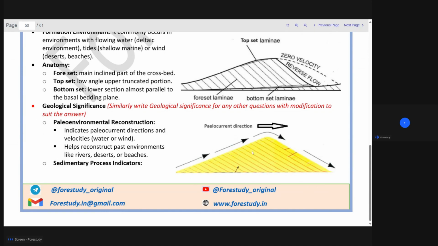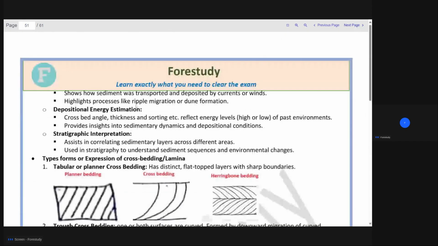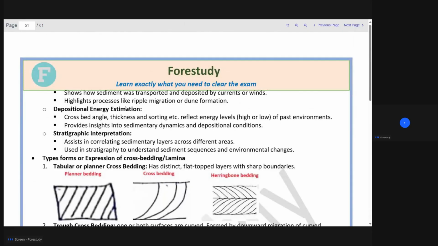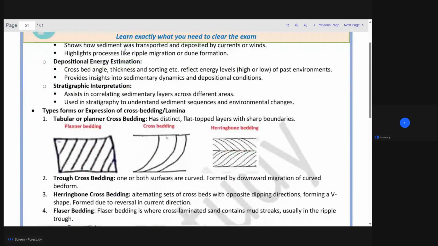Since this is the foreset, we get the idea from the foreset lamina. The direction in which the foreset lamina dips will give you the paleocurrent direction. It shows how sediment was transported and deposited by current or wind, and highlights processes like ripple migration or dune formation.